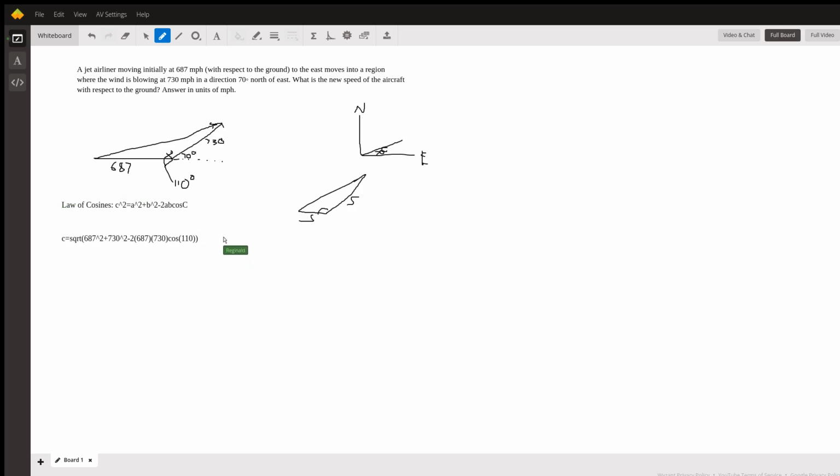All right, so this is calculator work. Make sure it's set to degrees and not radians. So 687 squared plus 730 squared minus 2 times 687 times 730 times the cosine of 110, and square root that.